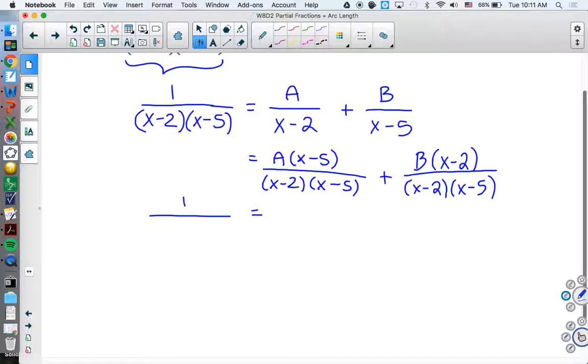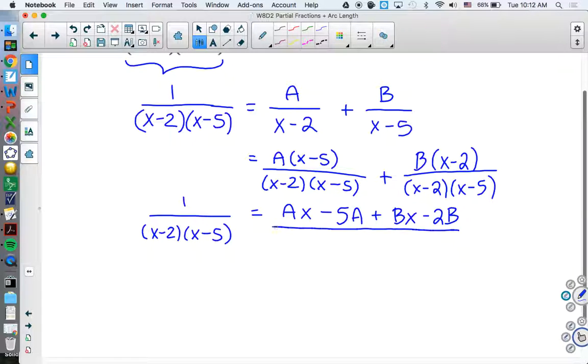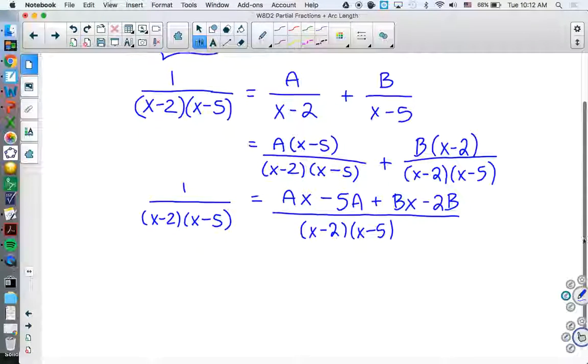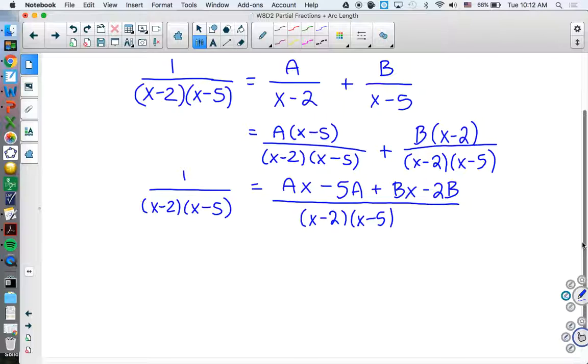And all of this has to equal 1 over x minus 2. So in the numerator, we would have, for the first fraction, ax minus 5a plus bx minus 2b. Now combine the like terms. Our job is again trying to solve for a and b, and we know what the numerator should equal. 1.